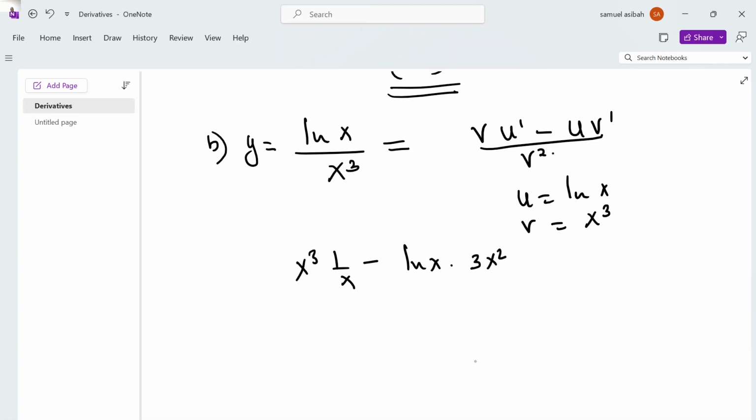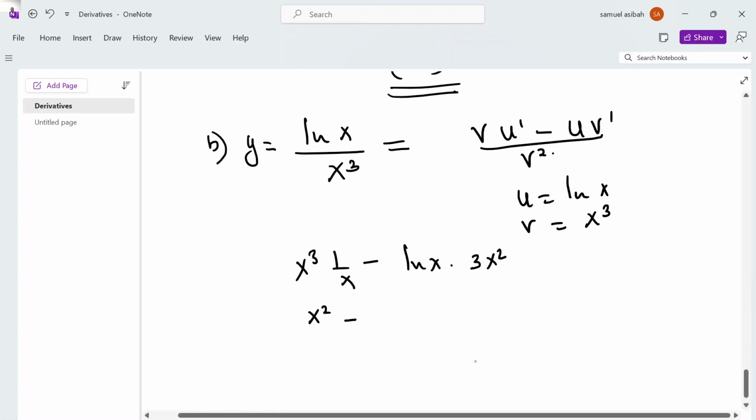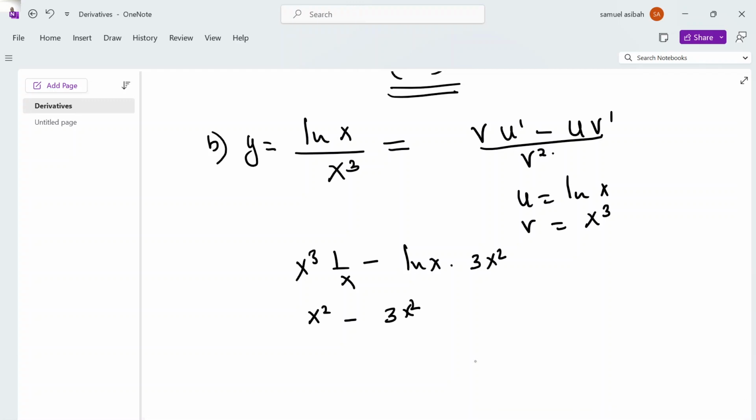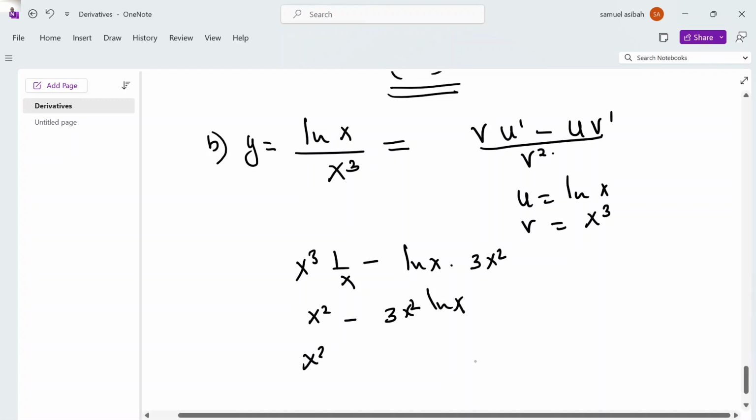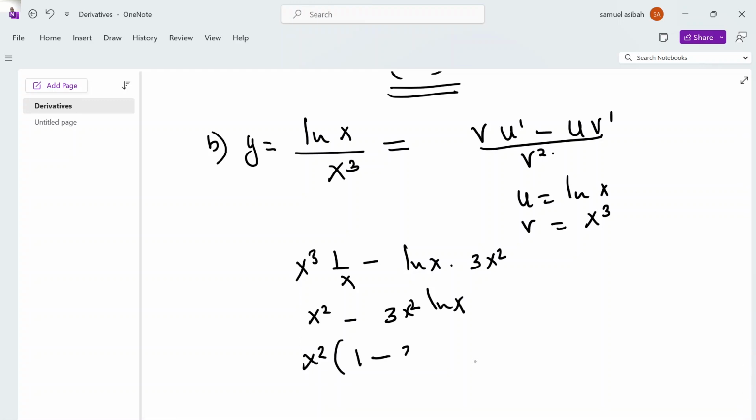Okay, so you can realize this one will simplify to x squared. Then this one you can write as 3x squared natural log of x, which can further be simplified: you can factor out x squared, then you get 1 minus 3 natural log of x.